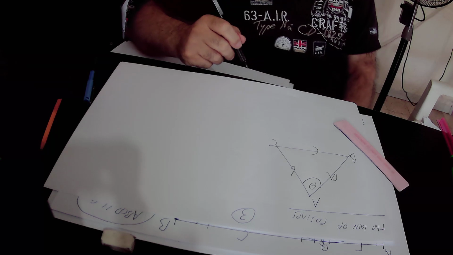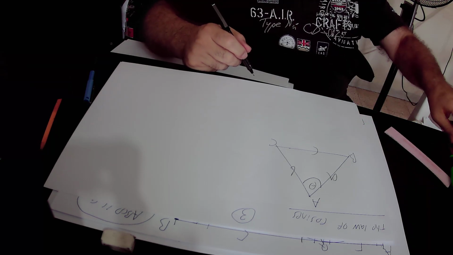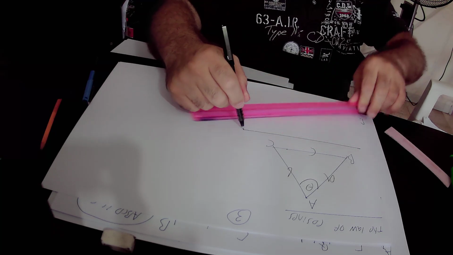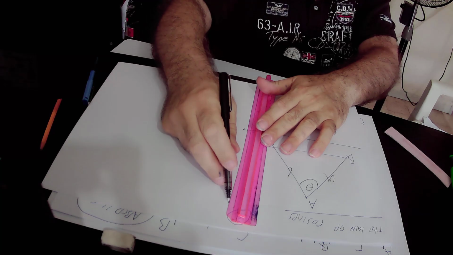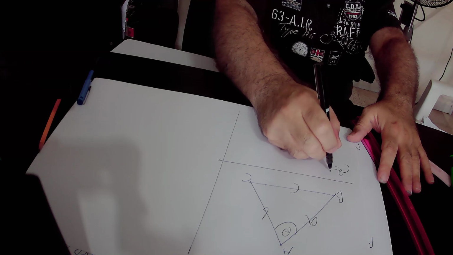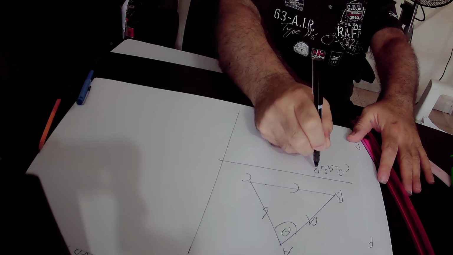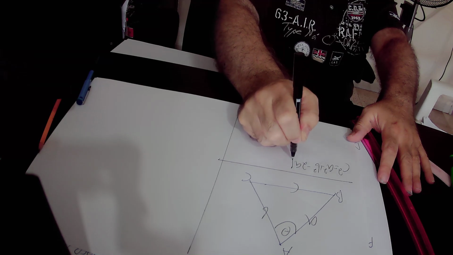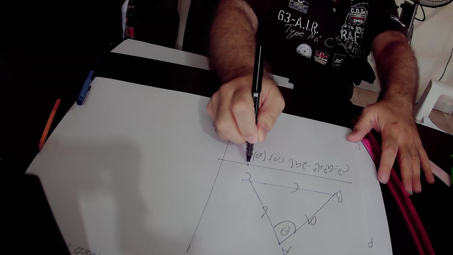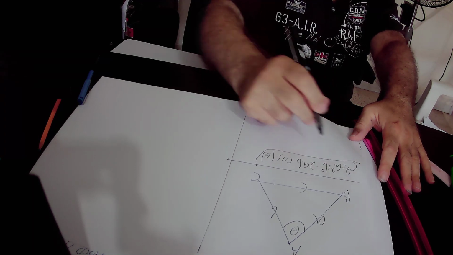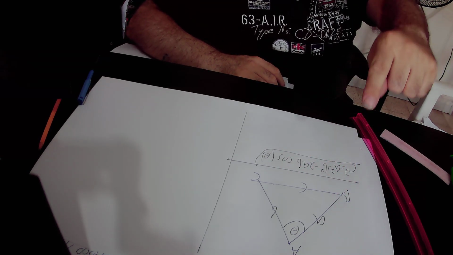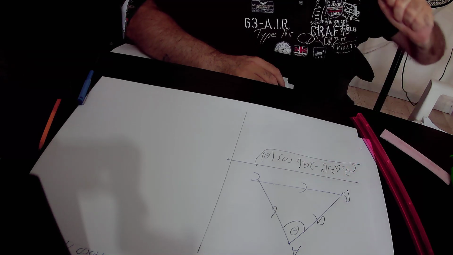So in this triangle, according to the law of cosines, we will get that C squared equals A squared plus B squared minus 2 times A times B times cosine theta. Again, C squared equals A squared plus B squared minus 2 times A times B times cosine theta.